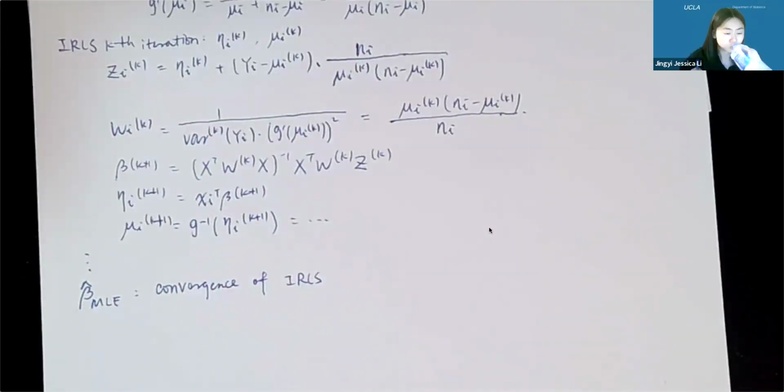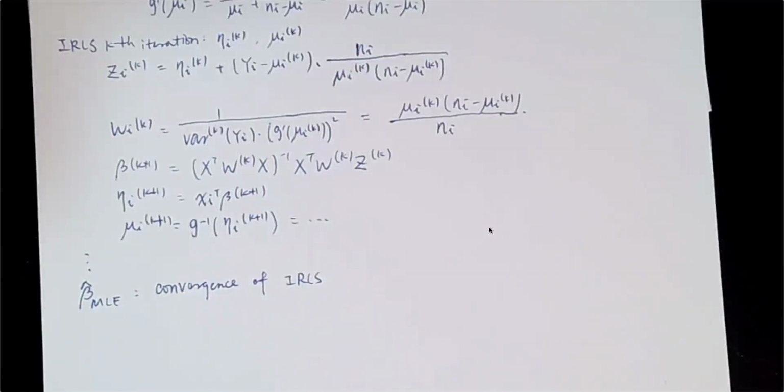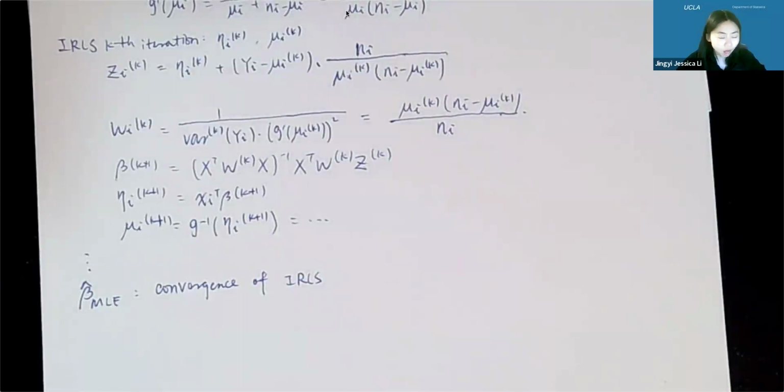Any questions? I was curious what would happen if we ran the group data with the individual iterative method. Would the betas be quite different? Very good question. If you run the group data as individual data, as long as you keep your y_i as 0, 1, you just separate each group into n_i observations.